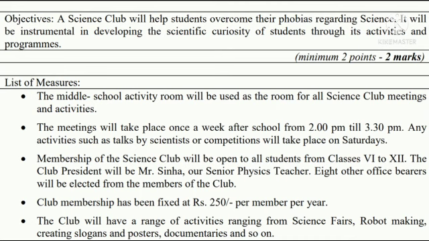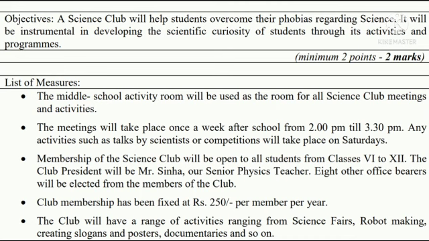See, the question is about setting up a science club. So, you have spoken about the place needed for setting up the science club, the meeting details, membership and membership fees, the president of the club, the office bearers, and so on. As per the question, you have to change the objectives and list of measures.